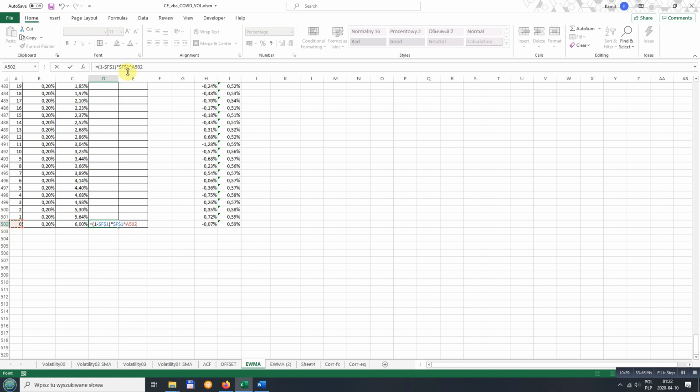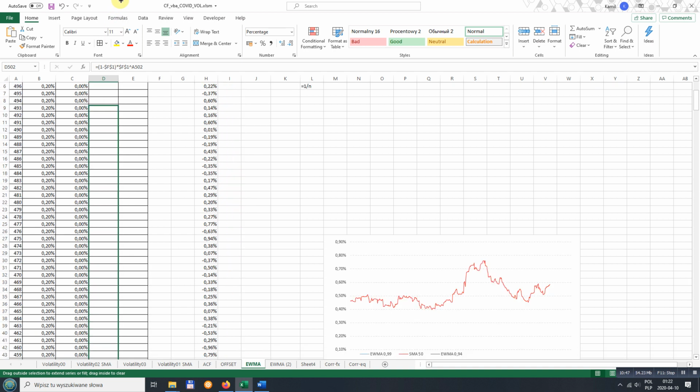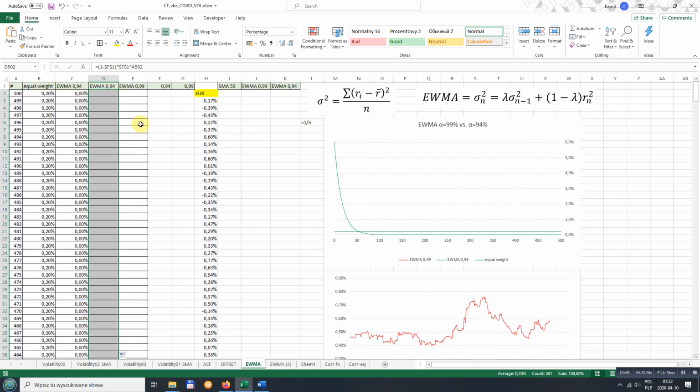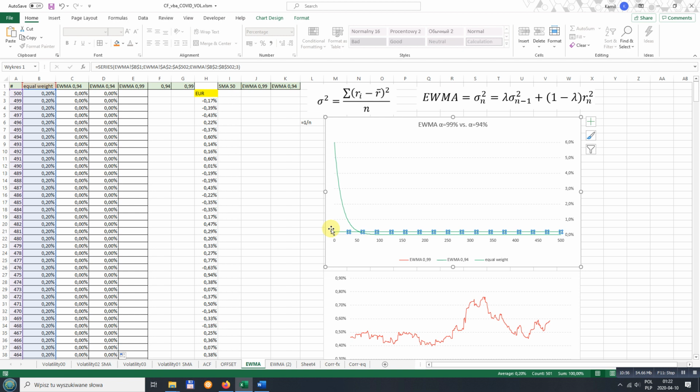Okay, let's calculate the weights, and this is how our weights look, right? This would be our simple average, where I use the same weight for each observation. And with the exponentially weighted moving average, I'm using more of the most recent observations, right? And of course for lambda 0.99, it means that the most recent observation would account for 1%.